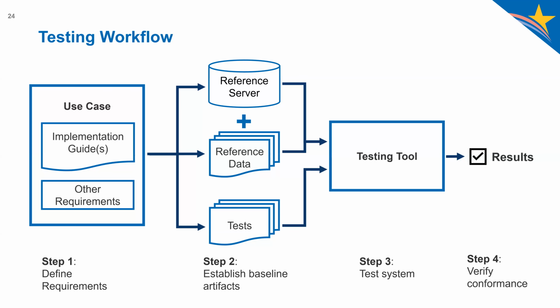And then third are the conformance tests, which are used by a testing tool to show a system is conformant to the requirements. And then the next step here, the testing tool, such as Inferno, may contain all of these testing artifacts to support testing system conformance. And then lastly, the test tool usually generates a results report, which informs the tester about a system's compliance to tested requirements. Next slide, please.